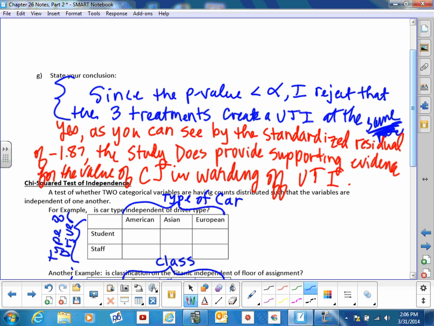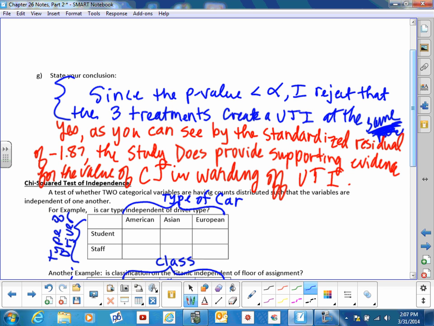And then we took it one step further. This was the last thing that we did. We said, if you reject the null hypothesis, this is the only time, and you say that the treatments are not creating the UTI at the same rate, then let's see what's happening.